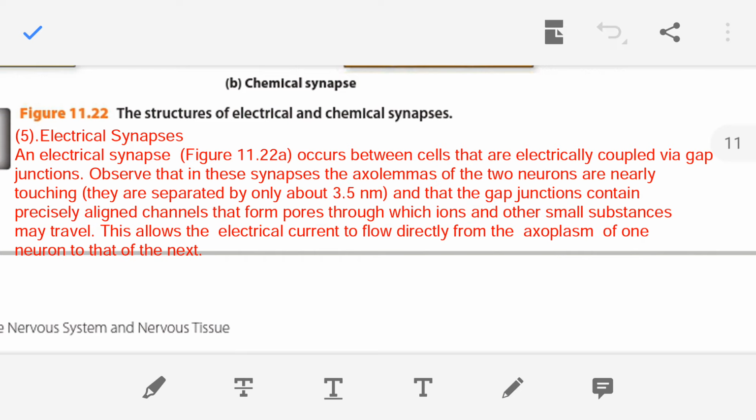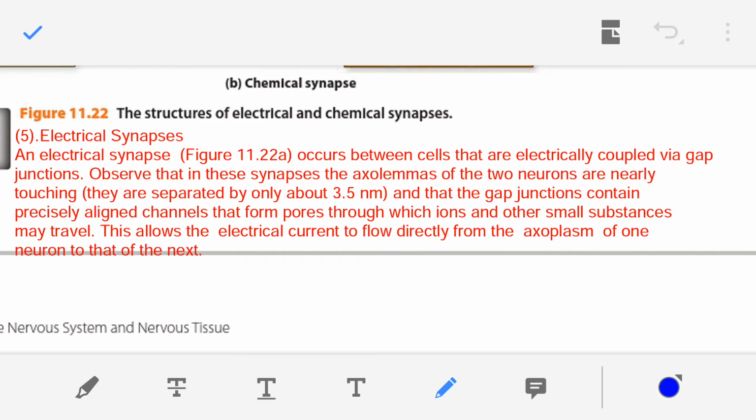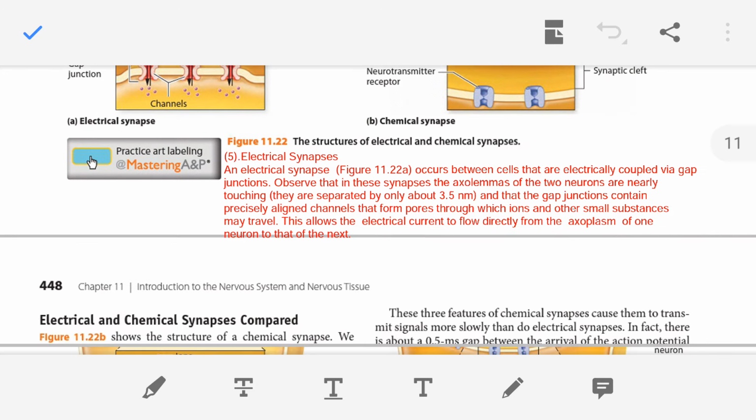So due to the presence of gap junctions, the electrical current flows directly from the cytoplasm of one neuron to that of the next neuron.